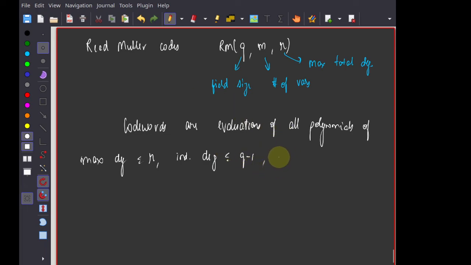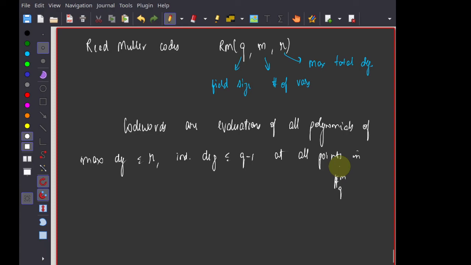And you're evaluating this at all points in F_q to the M, where every variable takes all possible values.